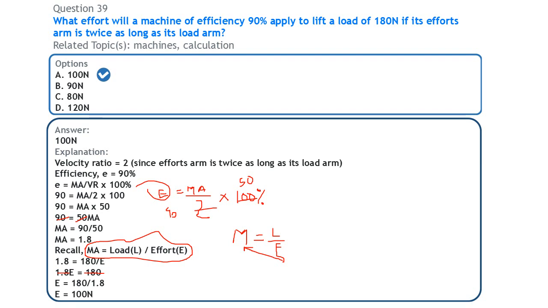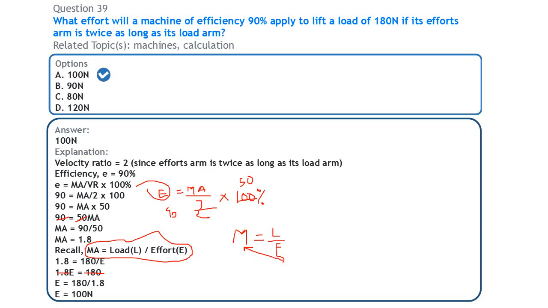Let's say the length of the load arm is 5 centimeter, for example. That means that the effort arm is going to be 10 centimeter. And when you take 10 divided by 5, you are going to get 2. If this one is 20, the effort arm length is going to be 40. So anyways, you're always going to get this 2. So our velocity ratio here is 2.